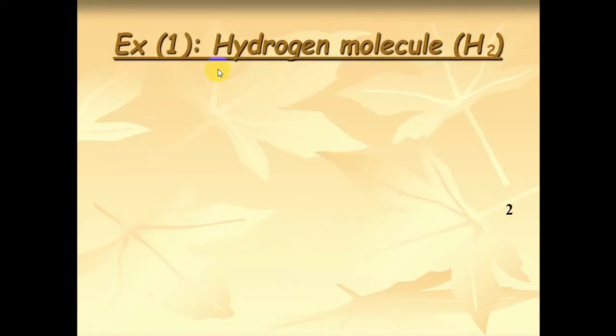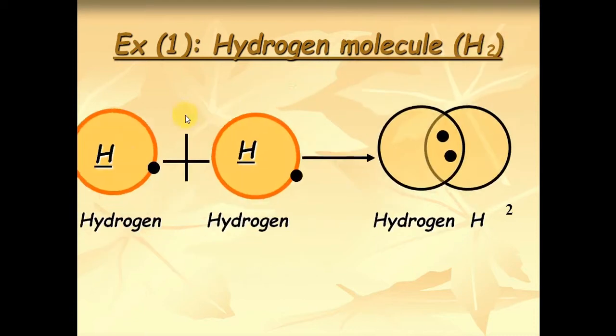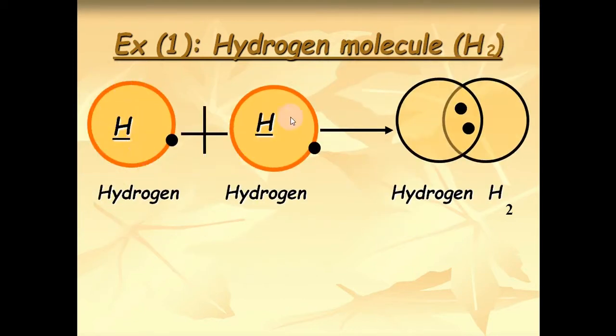So as we said, in the hydrogen molecule, one hydrogen plus another hydrogen, each hydrogen atom has only one electron, and it needs to make 2 electrons in the outer shell to be stable. So in this case, what happens? Each one of them shares one electron, and they keep the electrons in the middle.